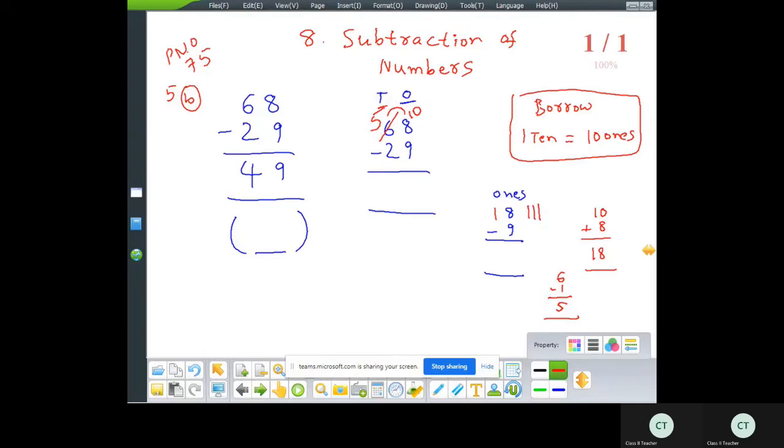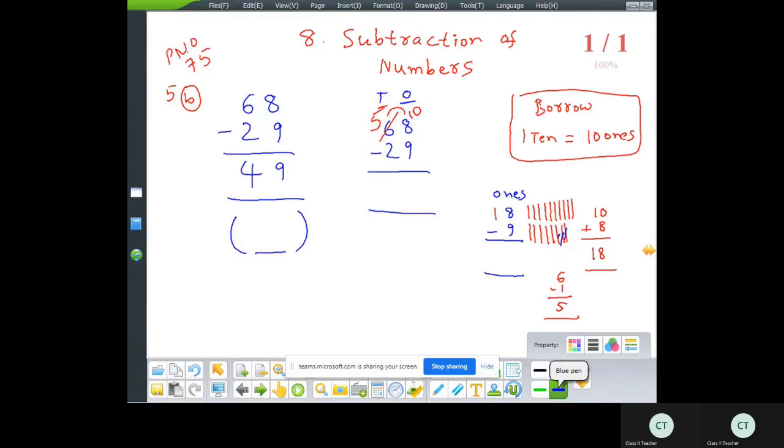1, 2, 3, 4, 5, 6, 7, 8, 9, 10, 11, 12, 13, 14, 15, 16, 17, 18. From 18 lines, we cut 9 lines.